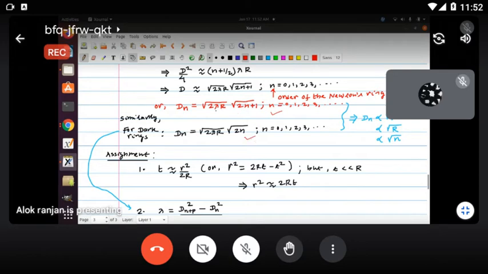What you can observe from these two mathematical expressions is that the diameter of any ring is directly proportional to the square root of the wavelength of the coherent source, directly proportional to the square root of the radius of curvature, and of course to the square root of the order of the ring.